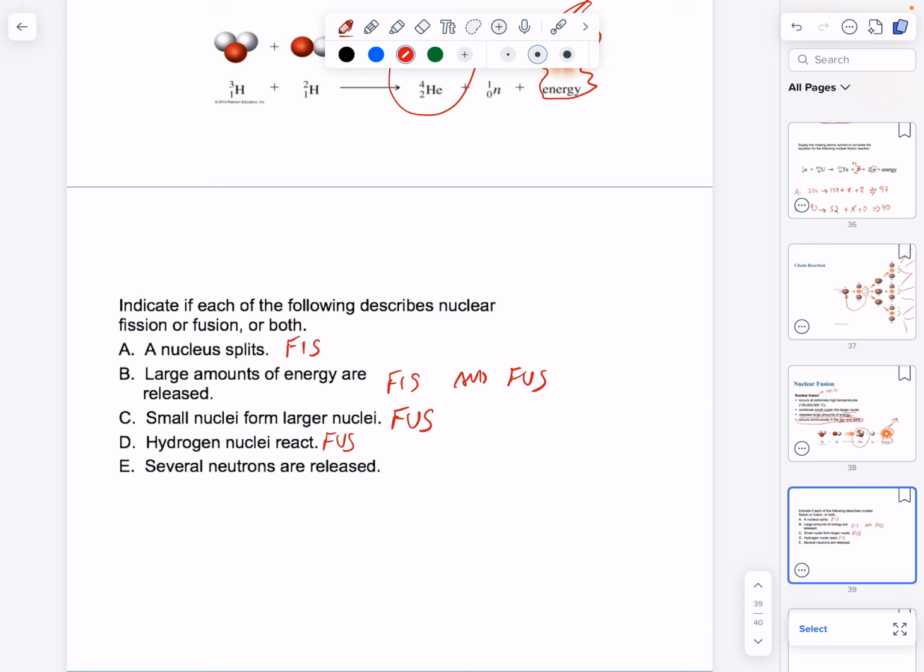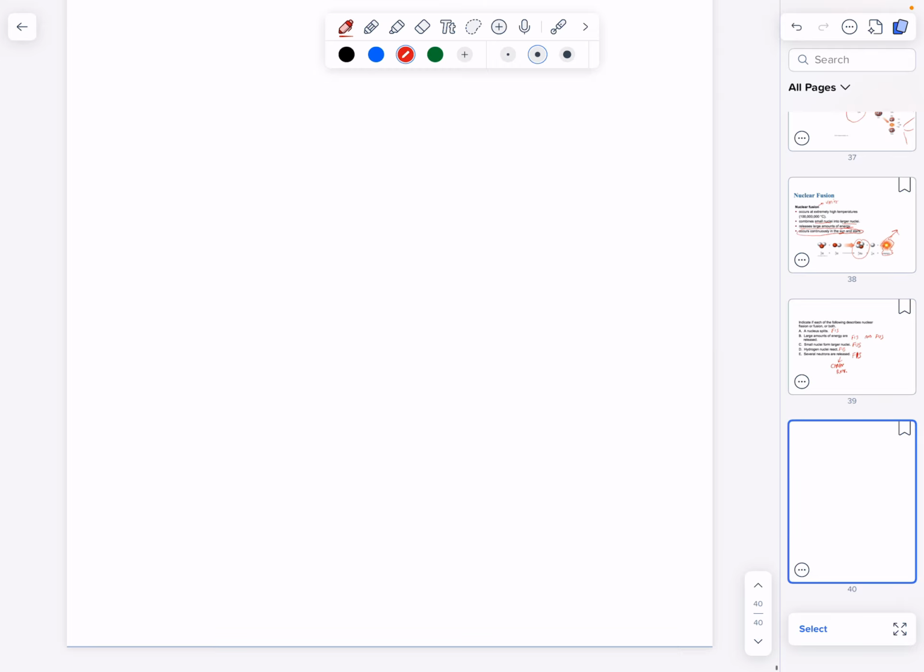That's also fission, because fission produces the chain reaction. Okay, and that's it.